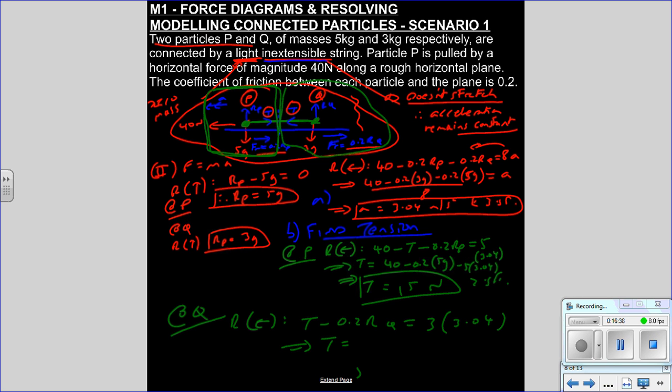So therefore tension is 3 times 3.04 plus 0.2 RQ, which is 5G, and therefore tension equals 3 times 3.04 plus 0.2 times 5 times 9.8.